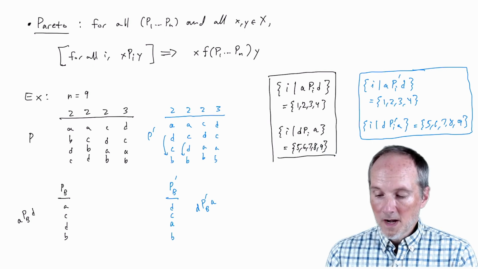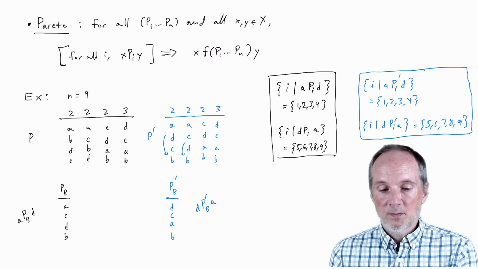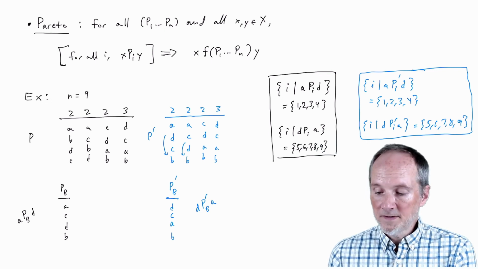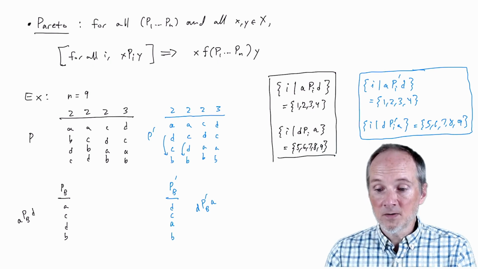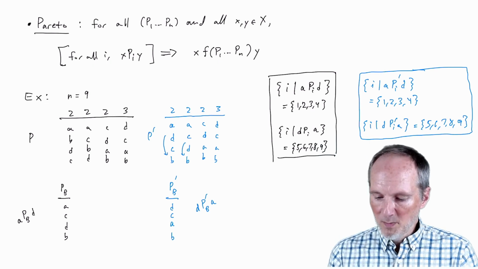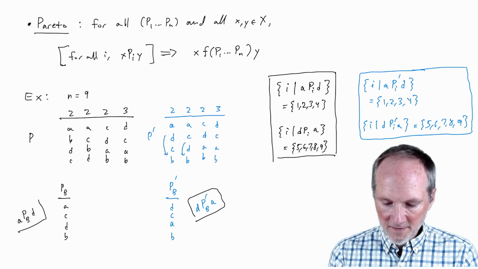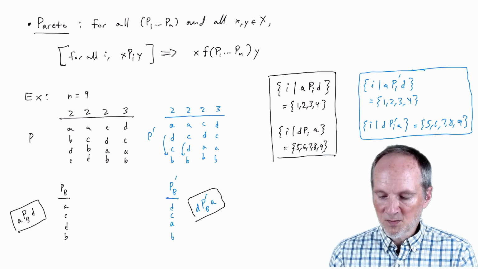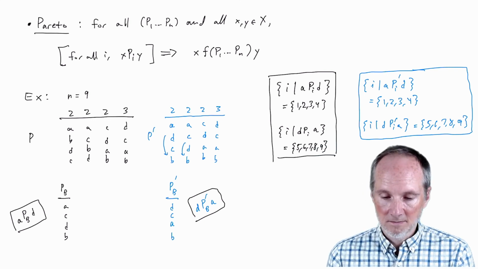IIA says that the social preference between the two alternatives has to be the same in the two profiles because the outcome of the pairwise vote is the same. But obviously here we see a violation of that, right? The social preference does not stay the same in these two profiles. It reverses.